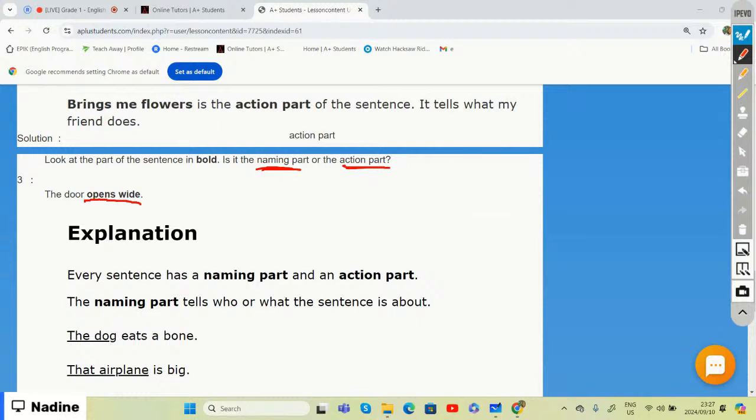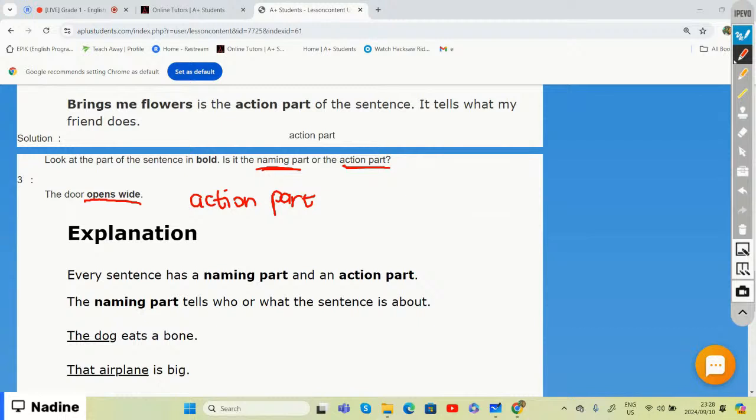And if we were to say if that is a naming part or an action part, then we can say that is an action part. Why do we say that? Because it says the door opens wide. What opens wide? The door. The door is the naming part, which is the thing that is doing an action.